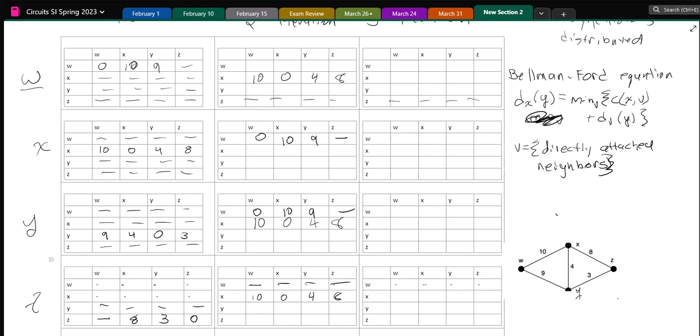Alright, now Y is directly attached to everybody, so it will send its vector to everybody, 9, 4, 0, 3. Not itself, because it's going to calculate that for itself.